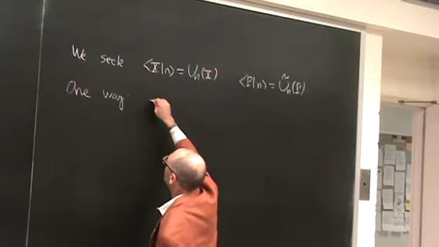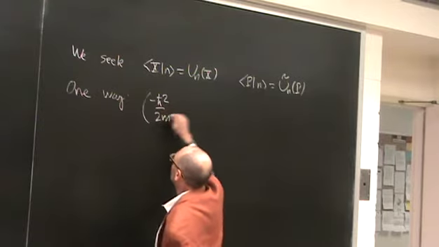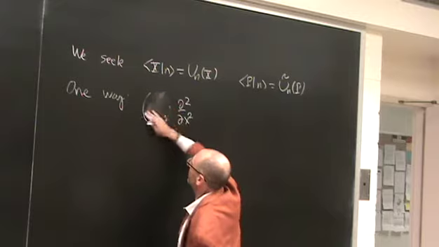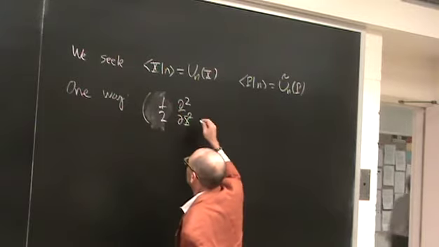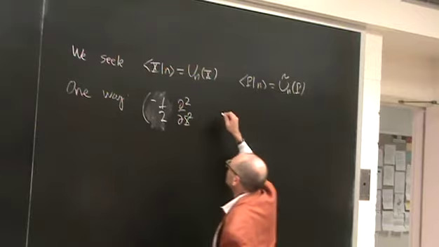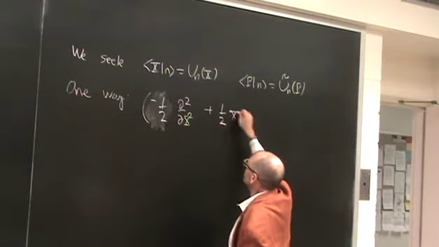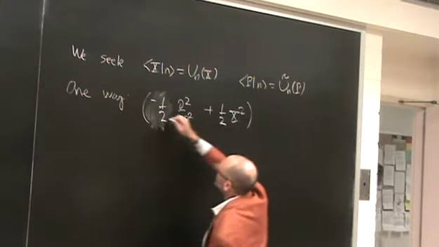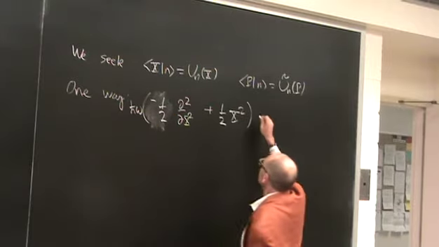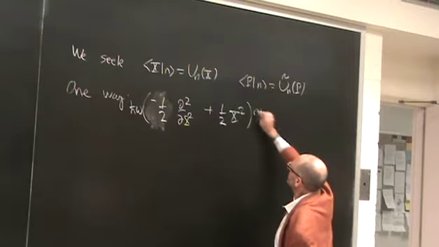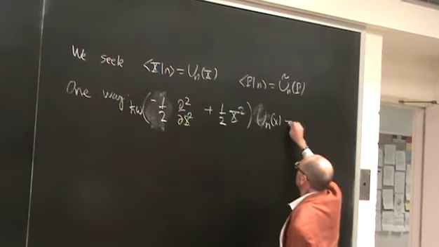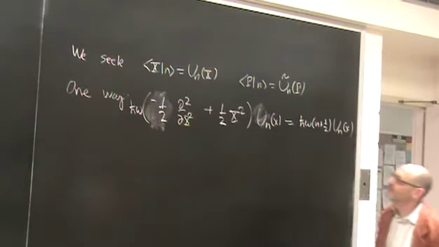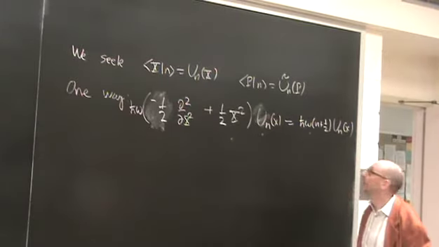In the position representation, we know that the Hamiltonian on the wave function is h bar omega times n plus a half times the wave function. So this is H psi equals E psi.